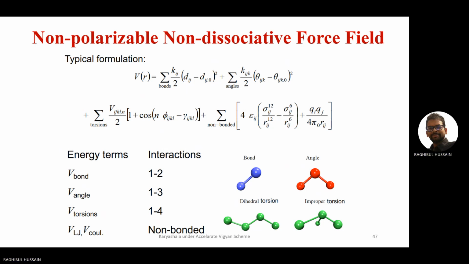That means the first atom can interact with the fourth atom. Here, angle means the first atom can interact with the third atom. Bond means the first atom can interact with the second atom. And the LJ and Coulomb terms are the non-bonded interactions. So this is a typical formulation of a force field. Now, how have these expressions come?